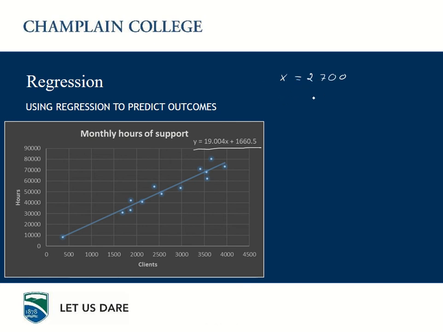I want to know, for x equal to 2,700, y, which is the estimate for the number of hours. It's going to be 19.004 times 2,700 plus 1,660.5.